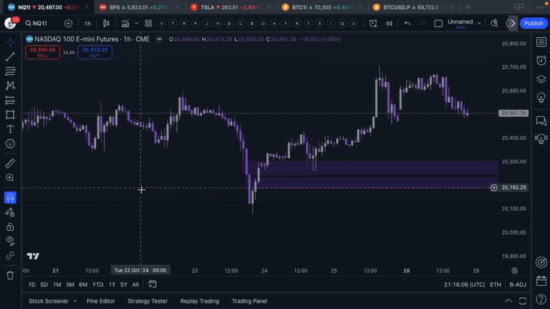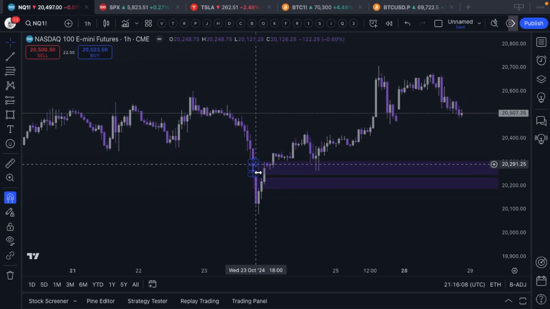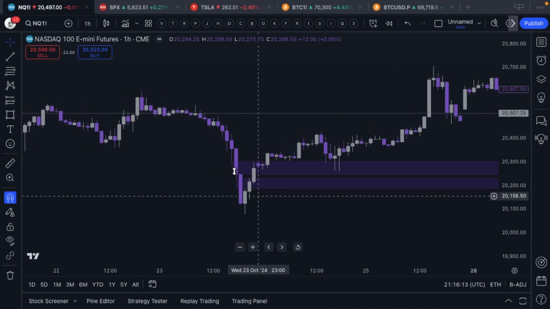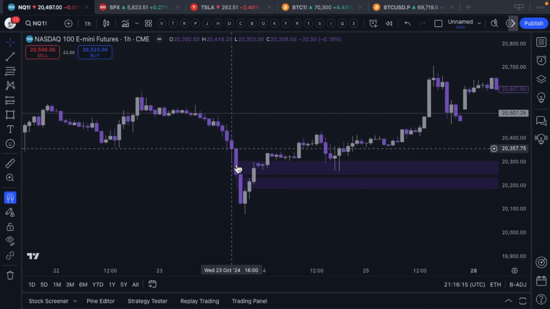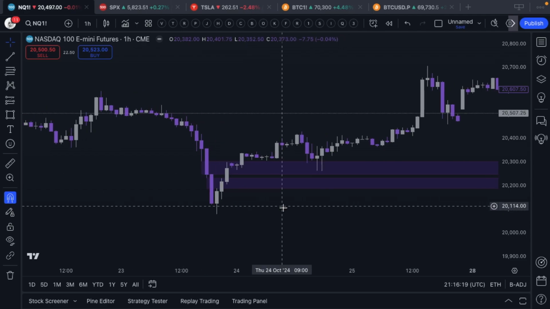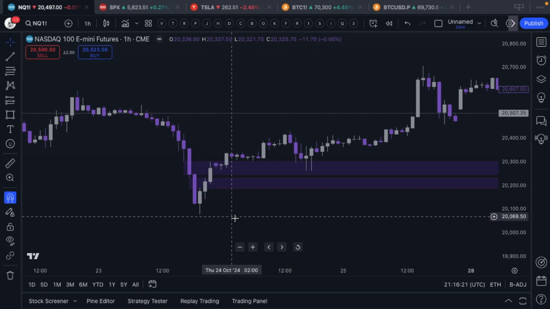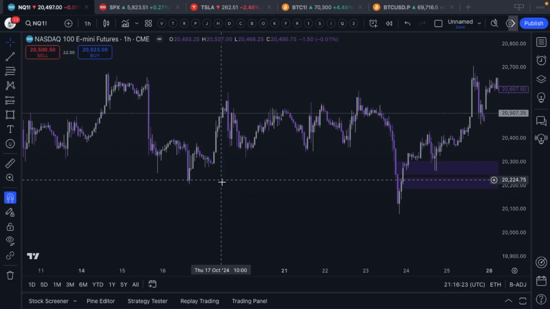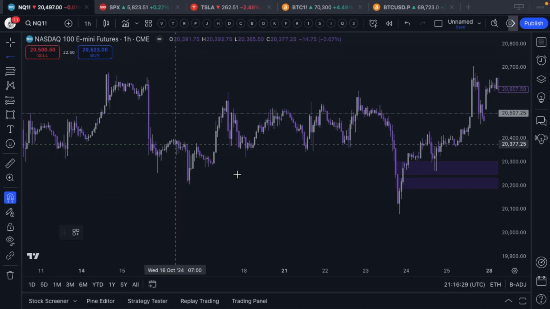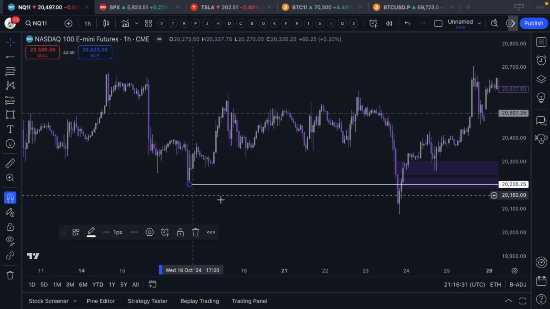All right, so this we would call a bit of a runaway fair value gap, and I say a bit because of the first candle's wick all the way down. And then this fair value gap would also be a runaway fair value gap. All right, you could consider it a breakaway fair value gap because it takes out this low here.